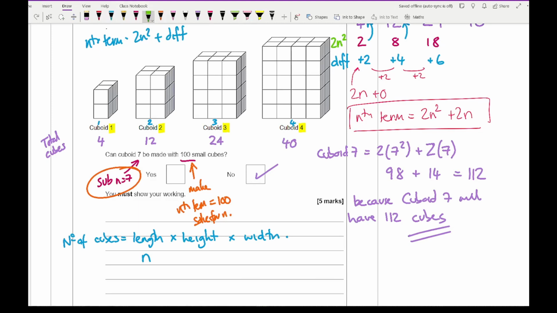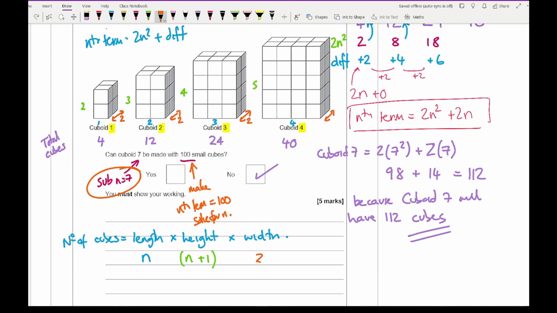Then looking at the height of the bars, this has got a height of 2, this has got a height of 3, this has got a height of 4, and that's got a height of 5. So again, comparing the green number to the highlighted one in yellow, to get the height I need to look at the pattern number, which is n, and you just need to add 1. Then the width of each of these, as it mentions in the question, is always 2.